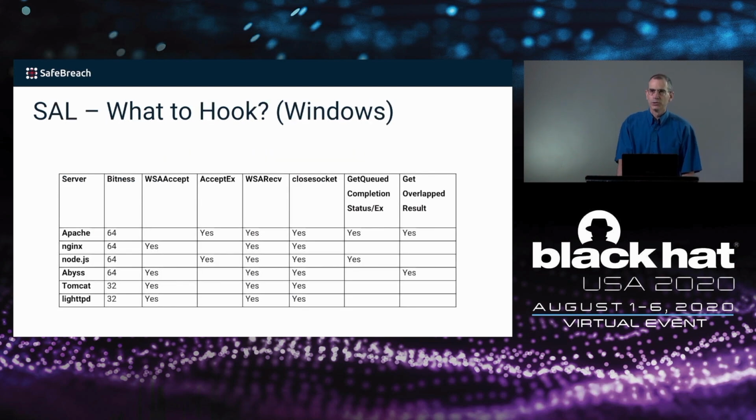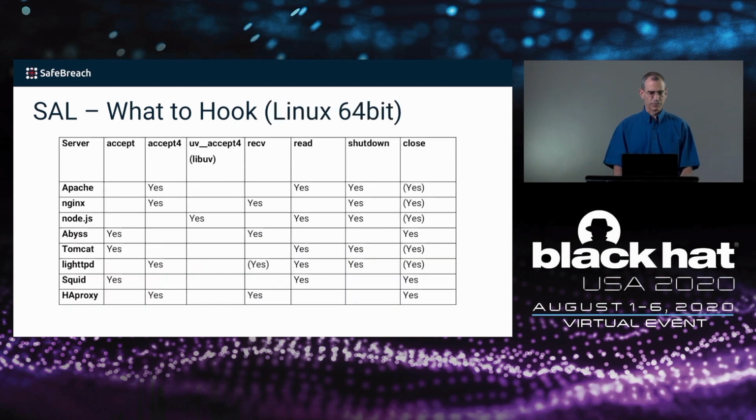So what do I need to hook? You can see that in Windows, I just need to hook 7 functions to cover the full functionality of the usual suspects. And the same goes for Linux, tested in 64 bits. Again, a nice array of web servers is covered by hooking 7 functions only.